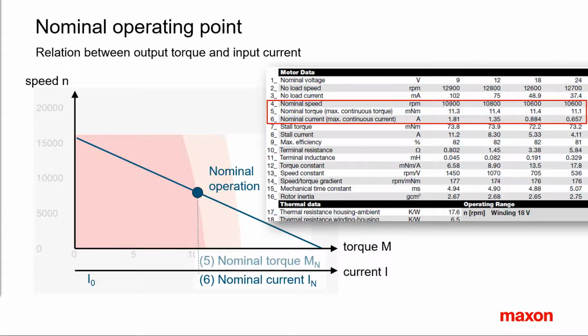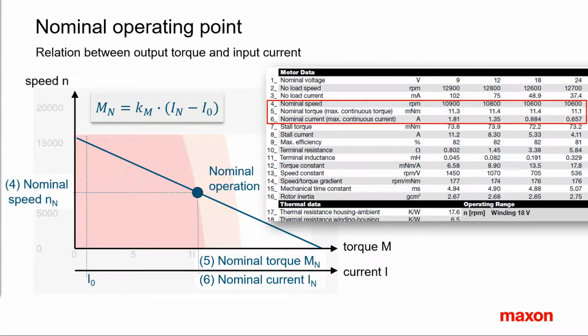The related torque in line 5 is the nominal torque, in the meaning of the maximum continuous torque. The nominal torque is given as an output torque. It is related to the input current by the torque constant corrected by the amount of friction consumed in the motor, friction here expressed as no-load current.